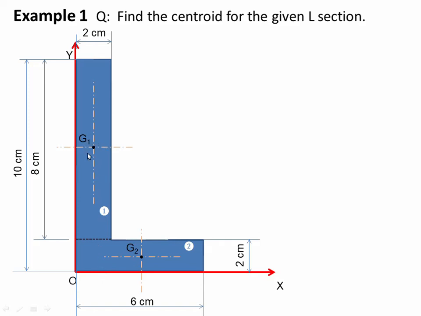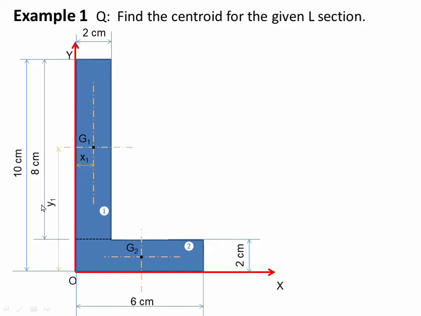Now let us come to G1. G1 is 1 centimeter from the reference axis Y. We are measuring the distance along the x-axis, hence the value is x1. Similarly, measure the distance from the reference x-axis along the y direction up to G1.